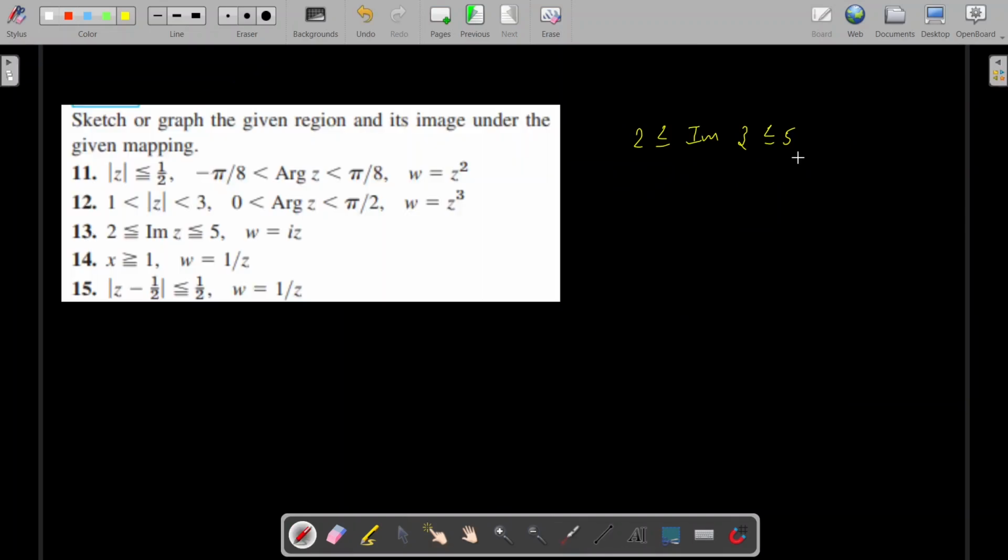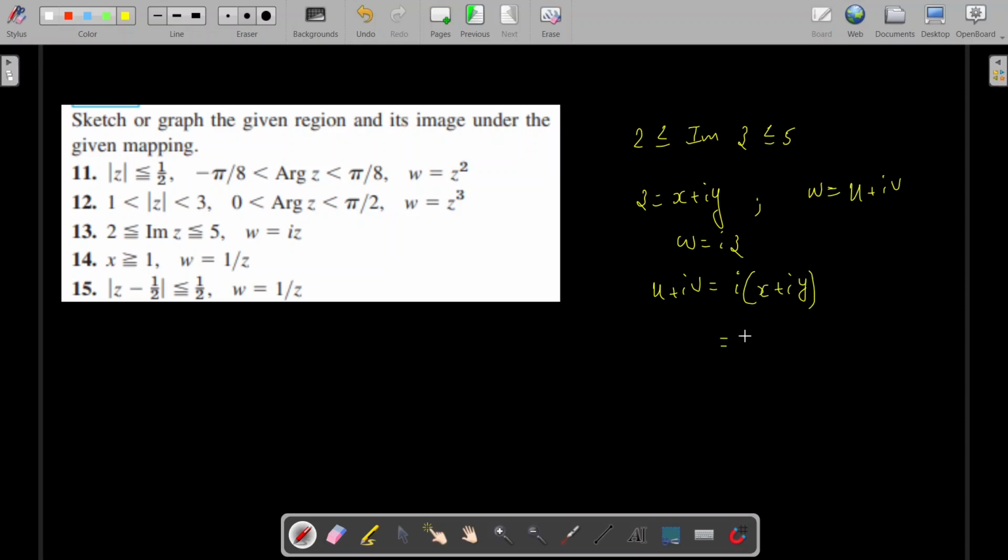Another problem, 2 less than or equal to imaginary part of z less than or equal to 5. So let us denote the point z by x plus iy, and the point w, the image of this particular z, w is equal to u plus iv. So the map given is w equal to iz, that is u plus iv becomes i into x plus iy.